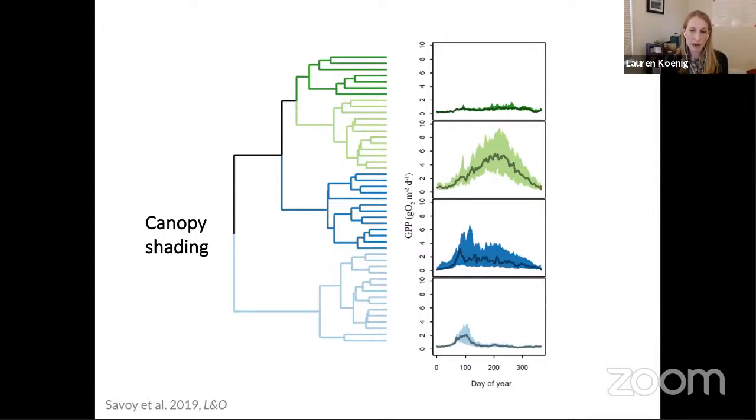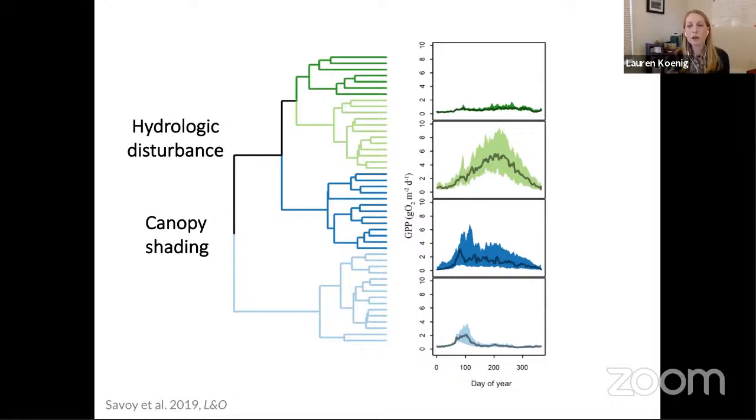Streams that fell out in this category tended to be smaller with greater canopy cover, and so they followed this kind of spring peak pattern where GPP is restricted to this relatively narrow temporal window. And even in rivers that receive ample light, productivity might be mediated by hydrologic disturbance, which was kind of the second most important variable that fell out here.